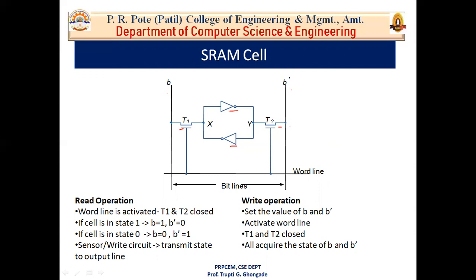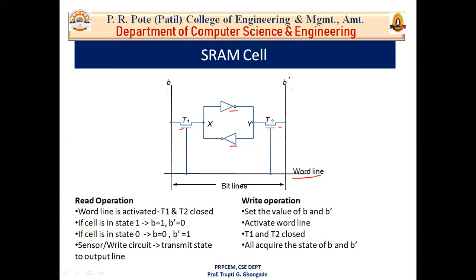Now these transistors are activated using a word line. As we have seen, each memory cell is connected to a word line. So the word line activates these transistors. Whenever you want to store the information, these transistors are closed.